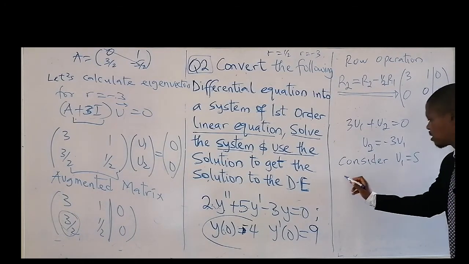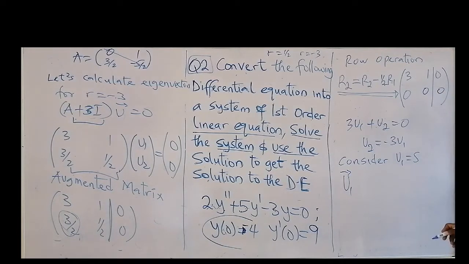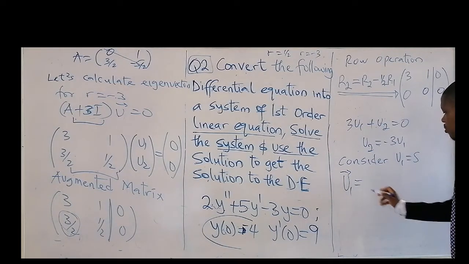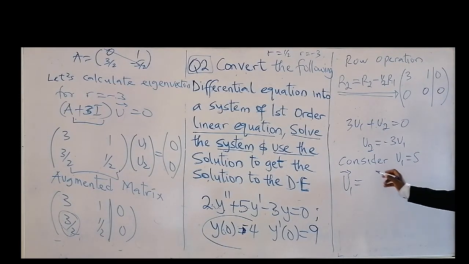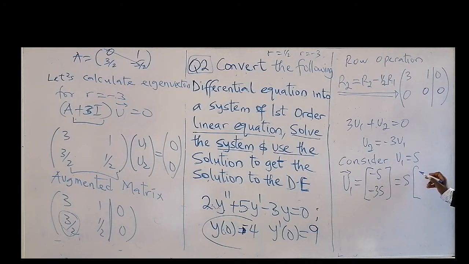So now the eigenvector will be equal to u1, which is x, and u2, which is minus 3x. Okay, so we can take this x outside. Then we have 1, minus 3, times x.